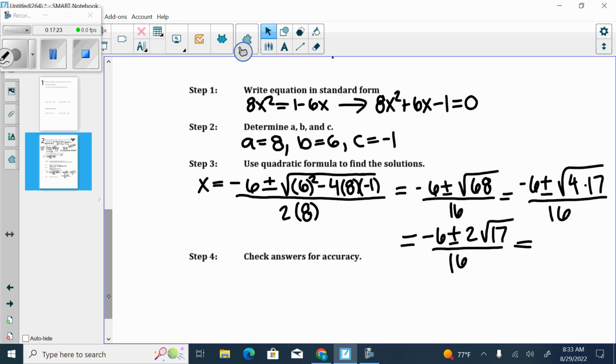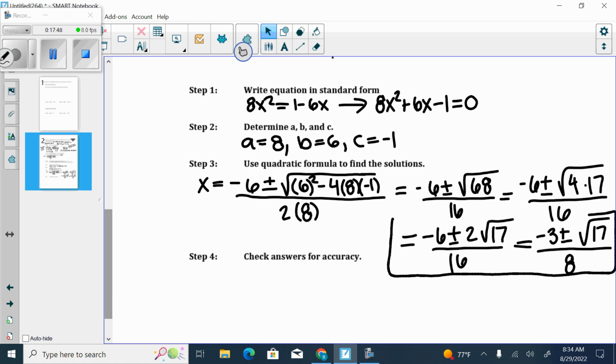If I simplify negative 6 by 2, it's going to turn into negative 3 plus or minus 2 divided by 2 would just be 1, right? So we'd just be left with 1 square root of 17, or just square root of 17. And 16 divided by 2 would be 8. Okay. So I would accept either one of these answers as the simplified radical term. This one just took it that one step further, simplifying out the 2.